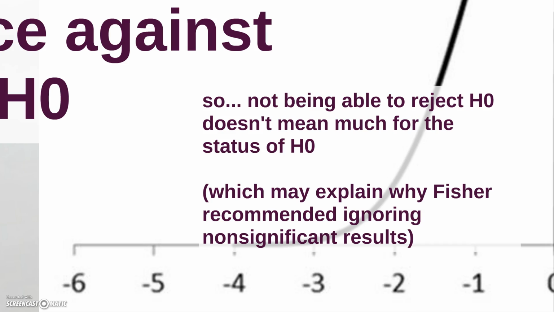And this may explain why Fisher and some other authors recommend ignoring non-significant results, not because they may be used as evidence that there is no difference, but because the null hypothesis was silly to start with. So accepting the null hypothesis, if you wish to call it this way, really doesn't tell you much about anything.